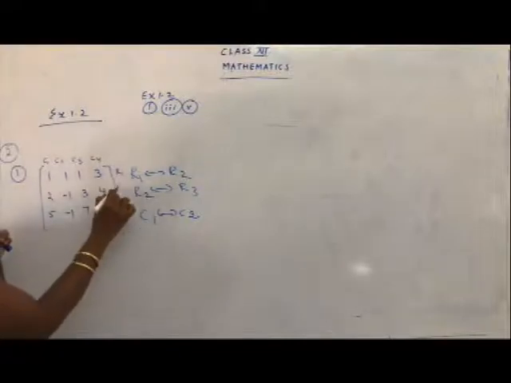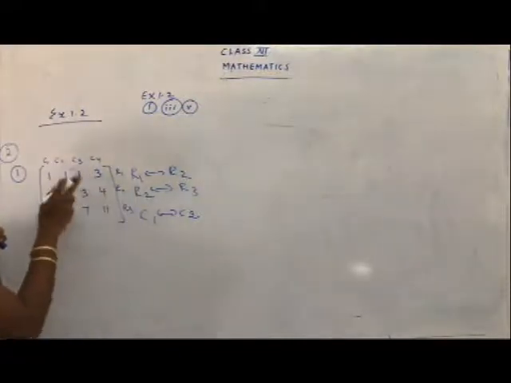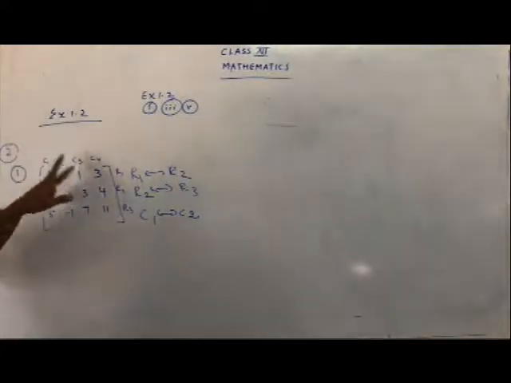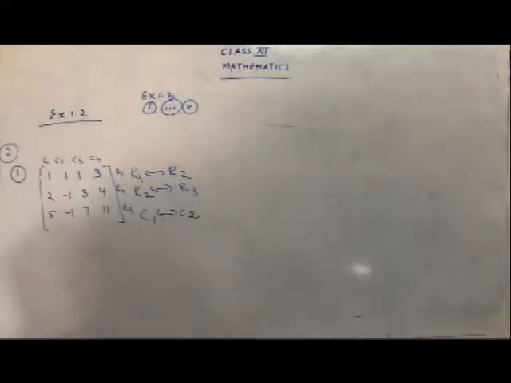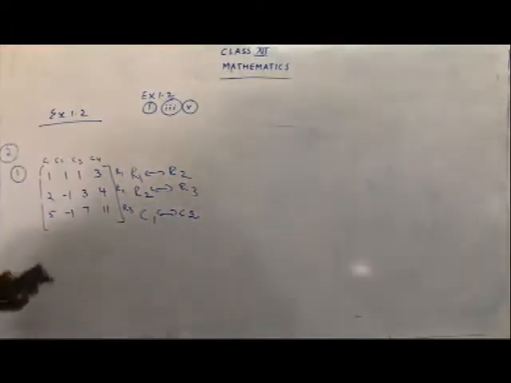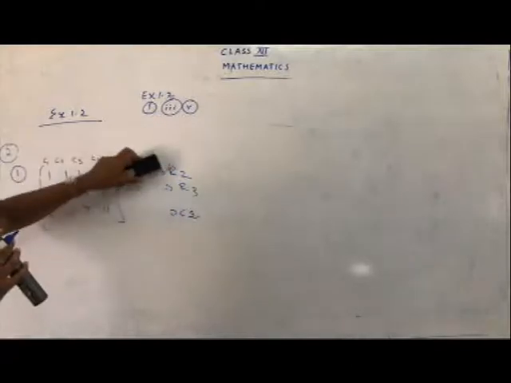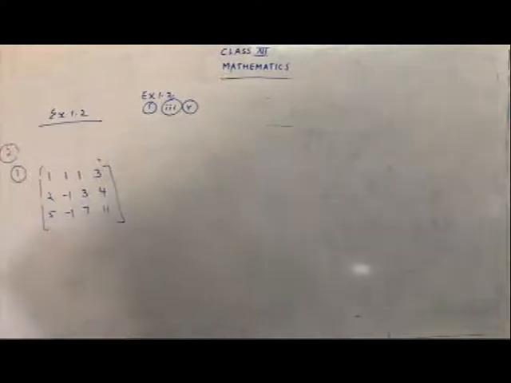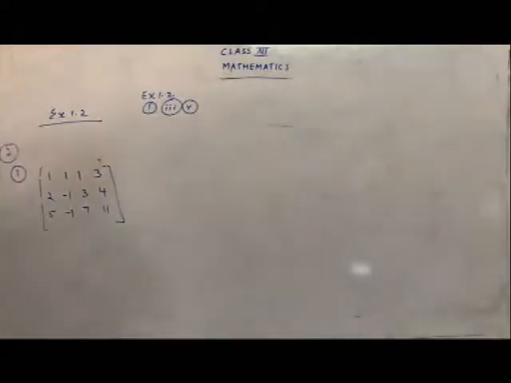Row 1, row 2, row 3. So we can interchange any two rows, or you can interchange any two columns. This was the first point under elementary row and column operations: interchanging of any two rows or columns of the matrix.